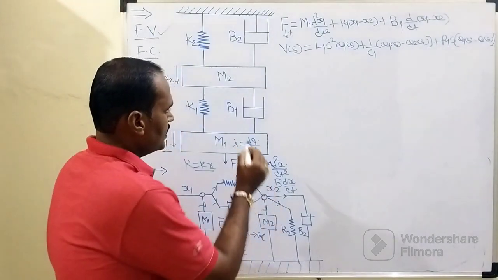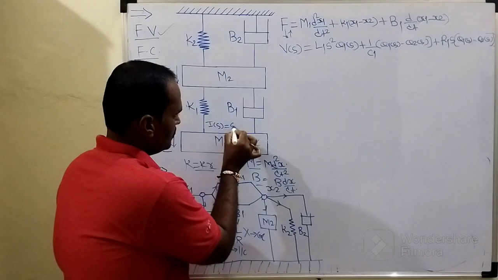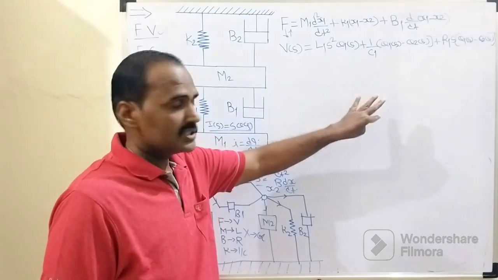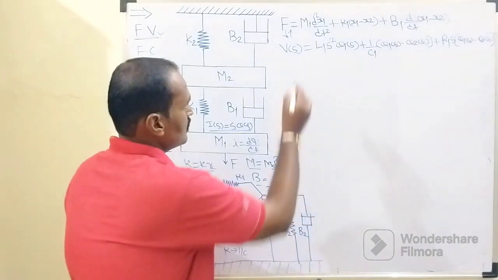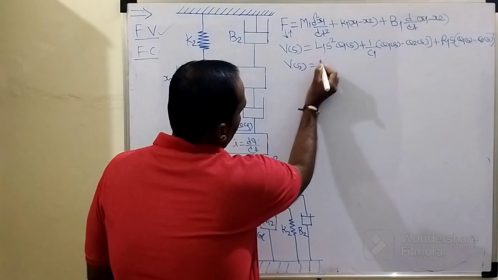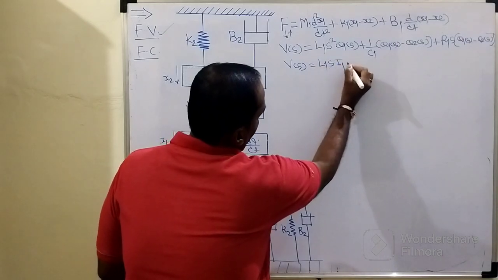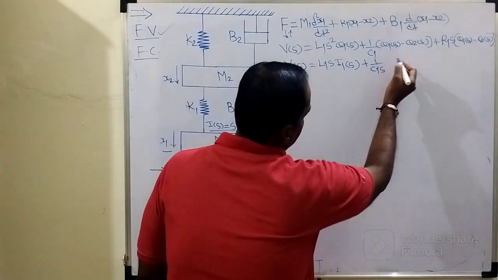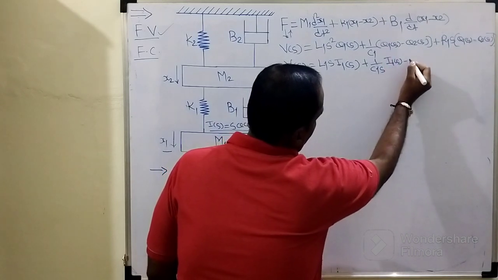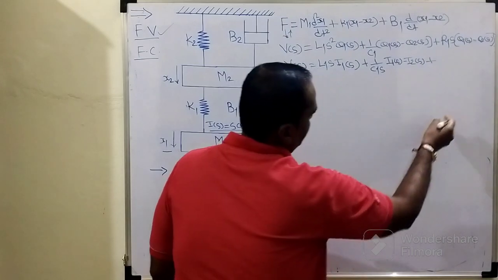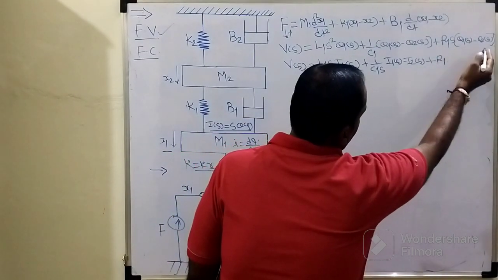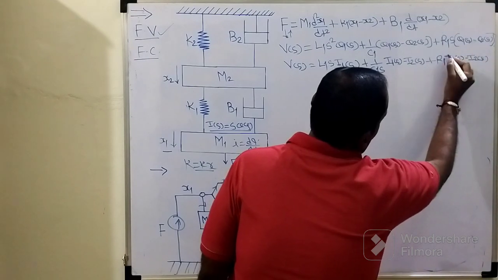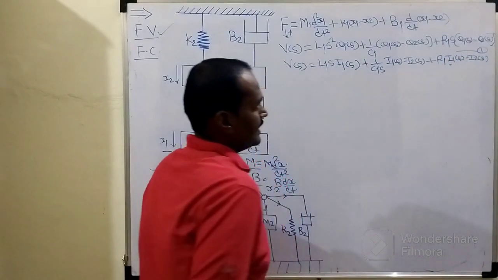When we apply the Laplace transform, I of S equals S times Q of S. So we need to replace S into Q of S with I of S. As a result of the replacement, it will become V of S equals L1 S into I1 of S plus 1 over C1 times S into, because we don't have this S term, that's why it is being divided, I1 of S minus I2 of S, plus R1 into S into Q of S, which is nothing but I of S, so R1 into I1 of S minus I2 of S. This whole equation can be treated as equation number 1.